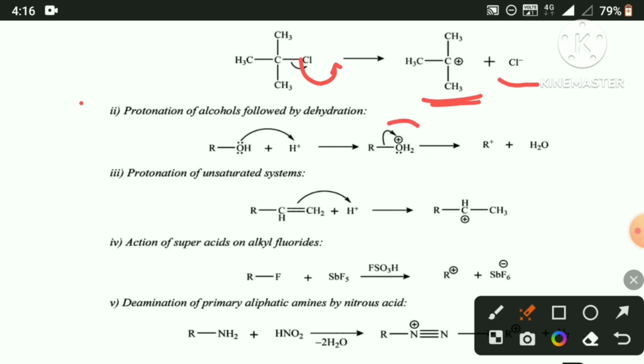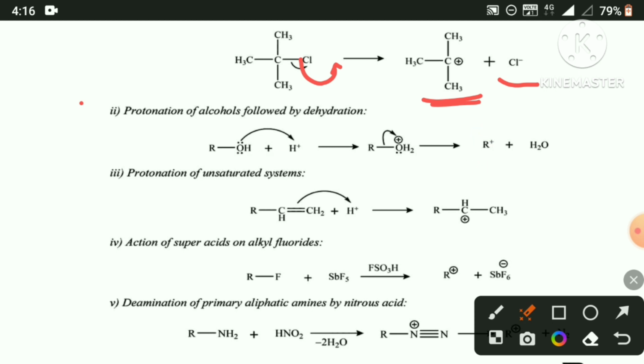This OH2 plus is highly unstable due to the positive charge on the oxygen atom. So it is a better leaving group, and this OH2 group is eliminated and the carbon gets a positive charge. This is one of the ways to convert alcohols into carbocations.